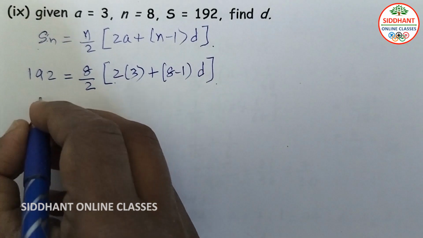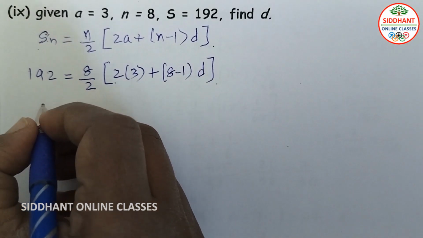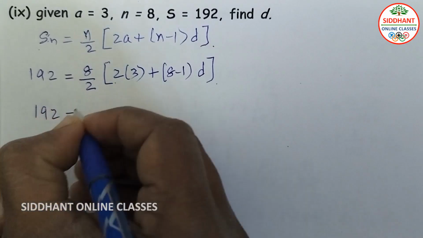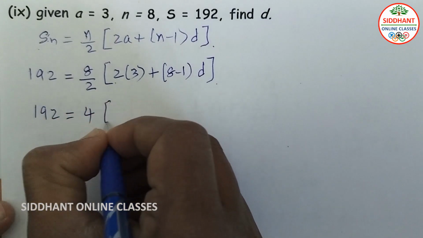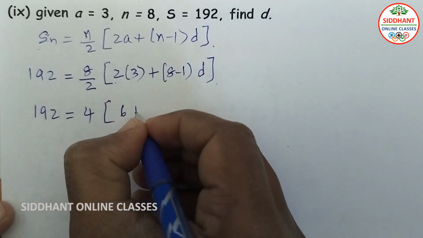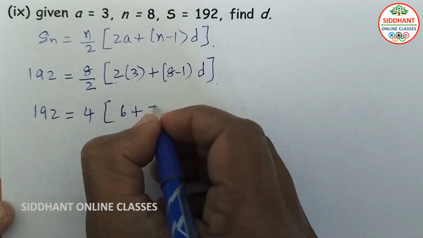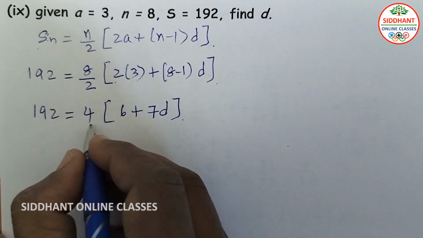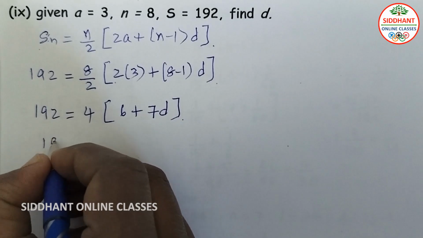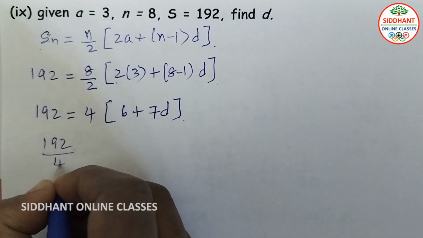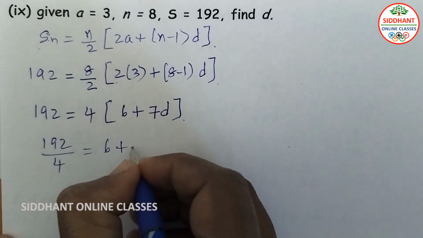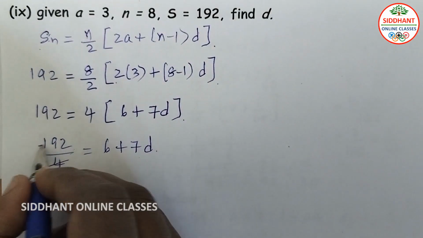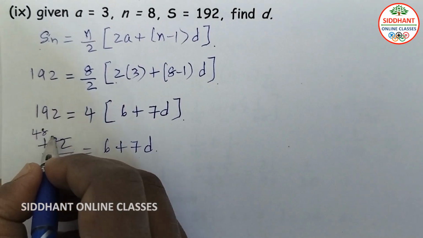So now 192 equal to 8 by 2 which is 4, into (2 into 3, 6, plus (8 minus 1), which will be 7d). So now 4 goes there, that means 192 by 4, which equal to 6 plus 7d. So 192 by 4 is 48.